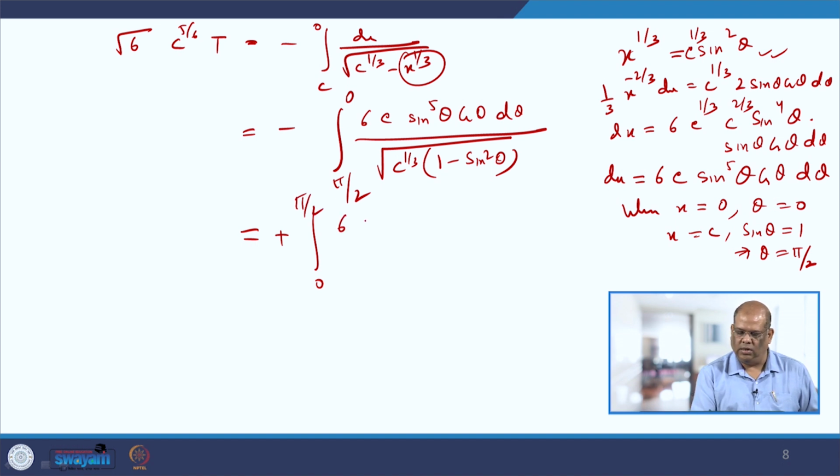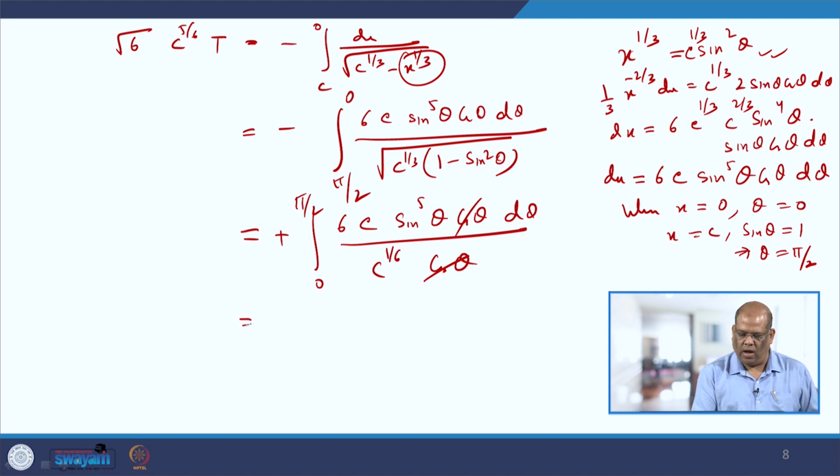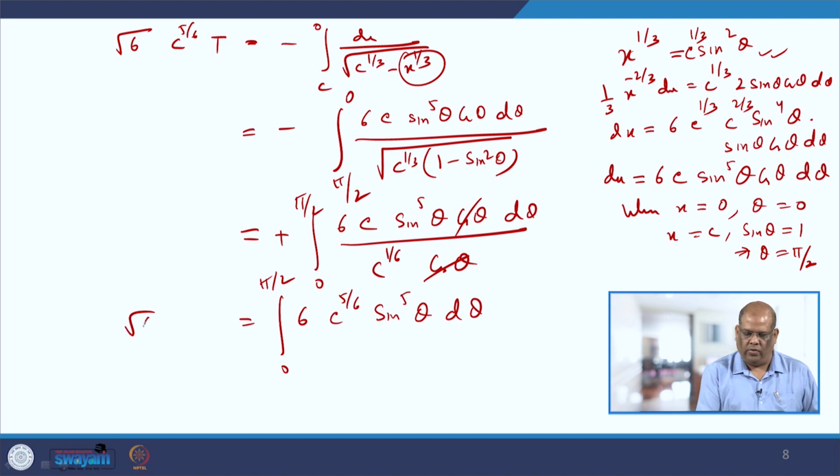This is 6 c sine to the power 5 theta cos theta d theta divided by c to the power 1 by 6 and square root of cos square theta, which is cos theta. So, this and this cancel and you get 0 to pi by 2 6 c to the power 5 by 6 sine to the power 5 theta d theta, and here it is root 6 c to the power 5 by 6 and t.